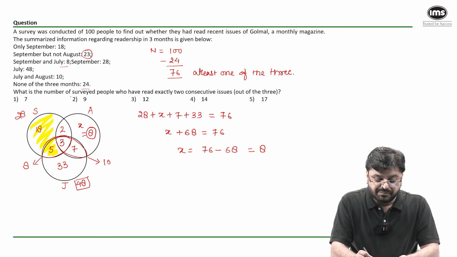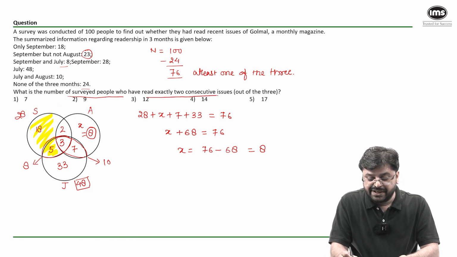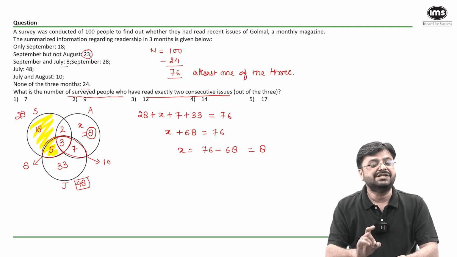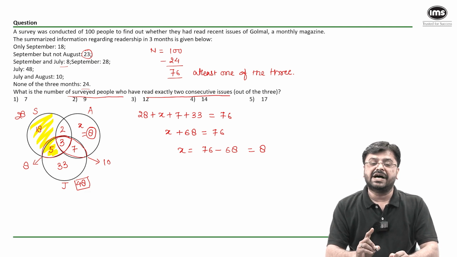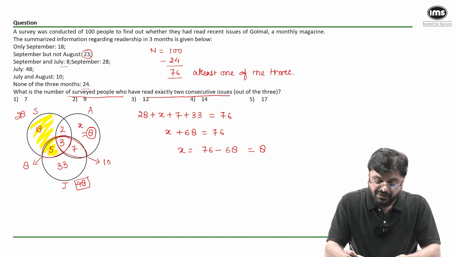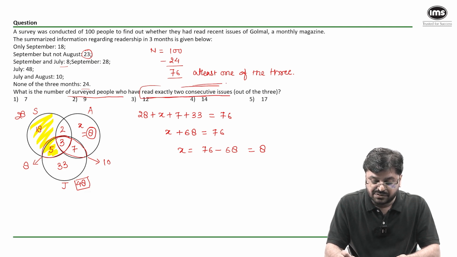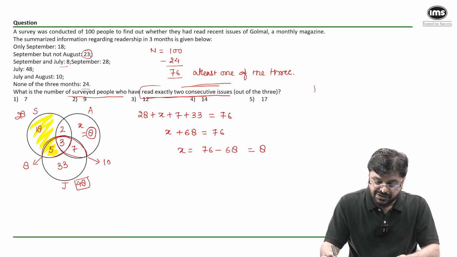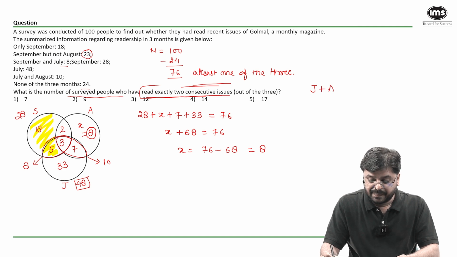Now what is the number of surveyed people who read exactly 2 consecutive issues? This is a trick question. They are not asking you to calculate the number of people who read exactly 2 issues. In fact, they are asking you to calculate the number of people who read exactly 2 consecutive issues, which means either they read July, August or August, September.